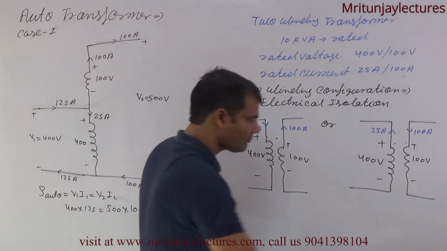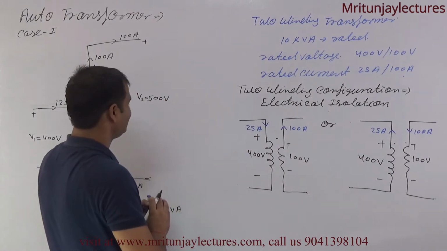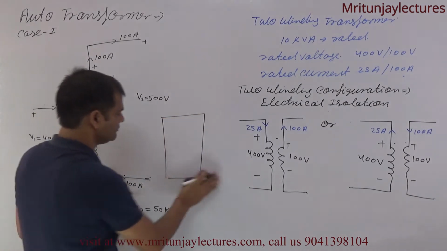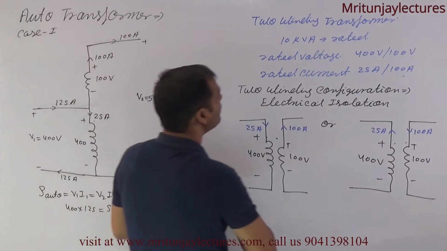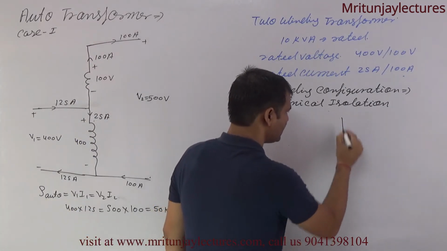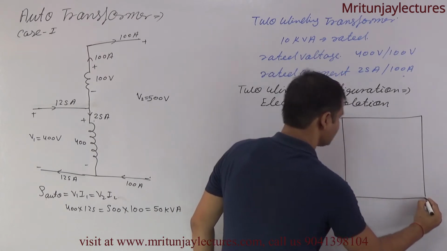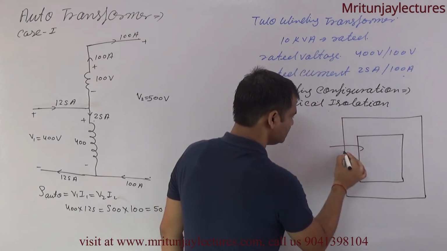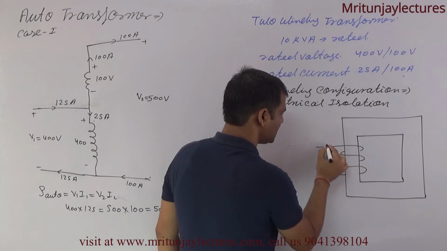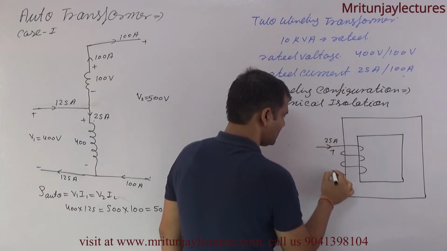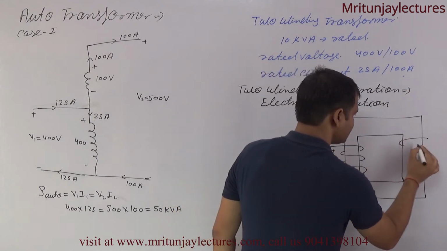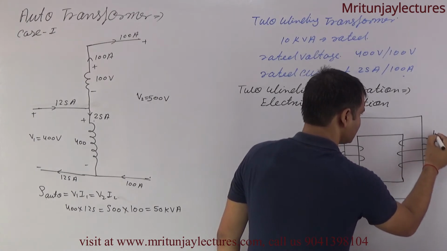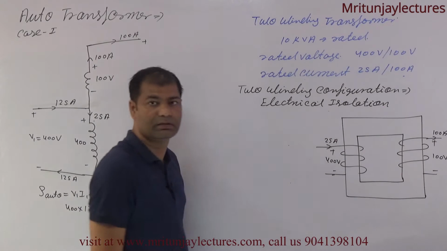And in case of two winding transformer, now make two winding transformer like this one, 25 ampere and that is 400 volt, and secondary side that is 100 volt, and direction of current like this one, okay.